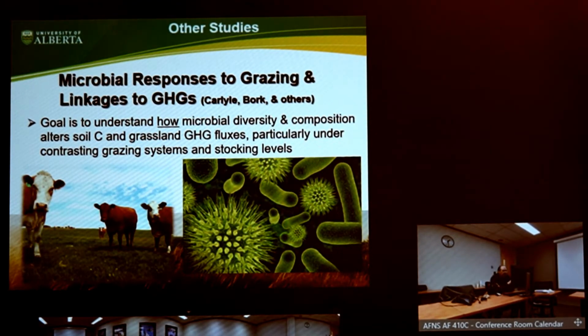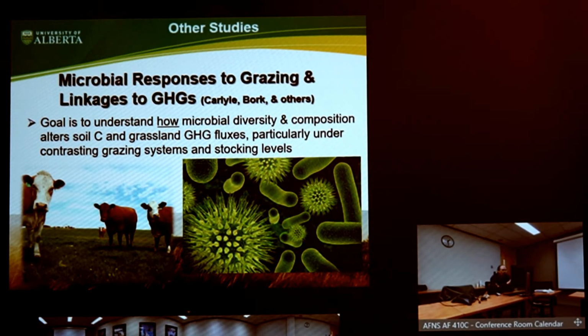We also have studies that are looking at the specific role of differences in microbial diversity and composition, and how that in turn might change, for example, soil carbon cycling, either accelerate carbon cycling or nitrous oxide release or methane release, and so on.